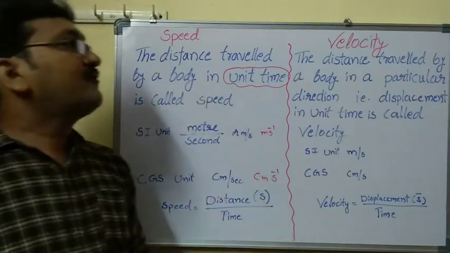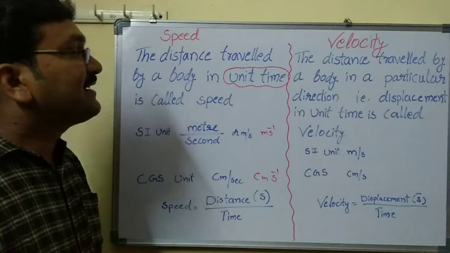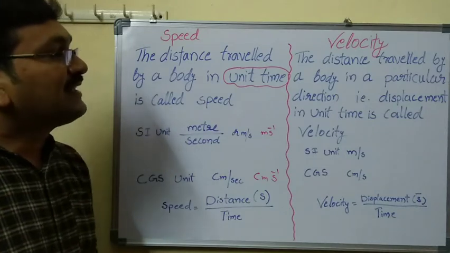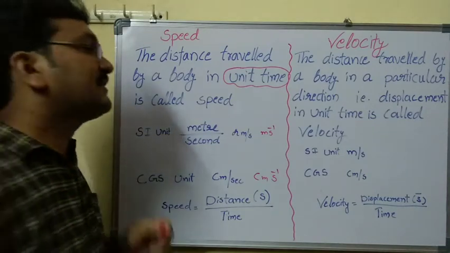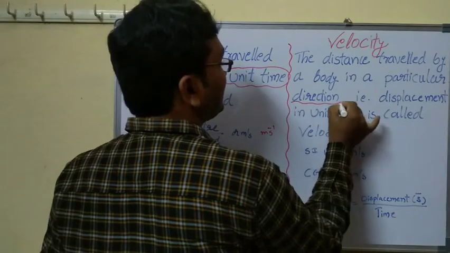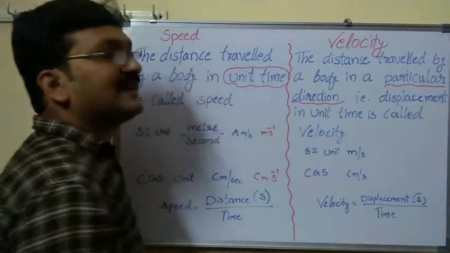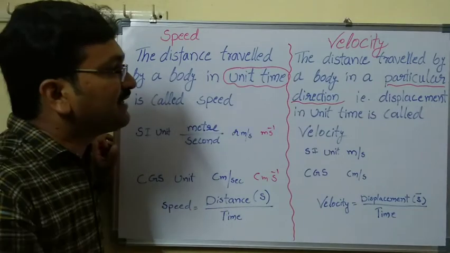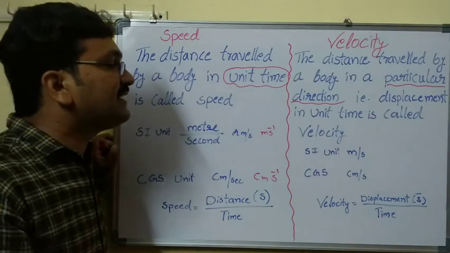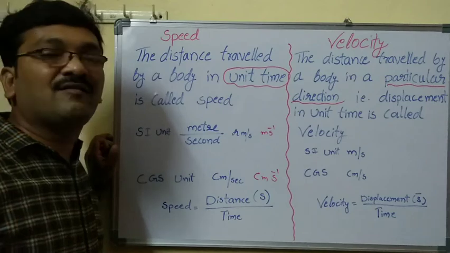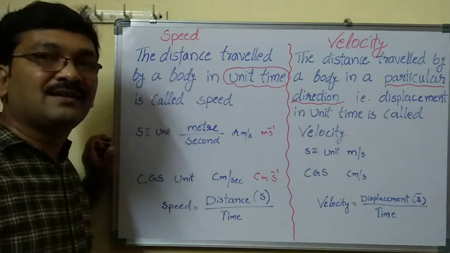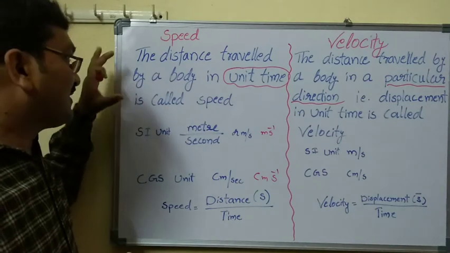If you go for velocity, it is the distance traveled by a body in a particular direction. Here the direction is important. In another manner, we can say the displacement in a unit time is called velocity. Try to understand the concept.